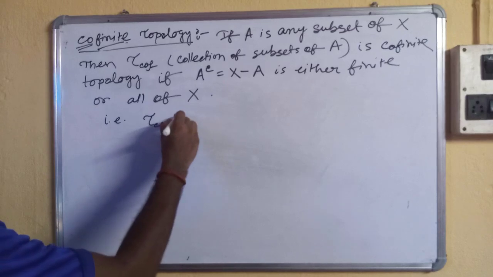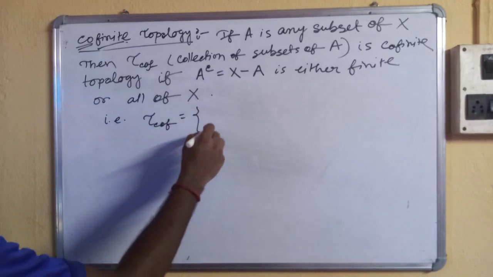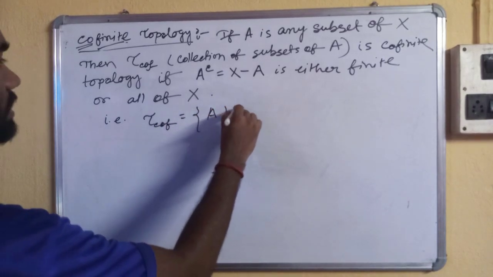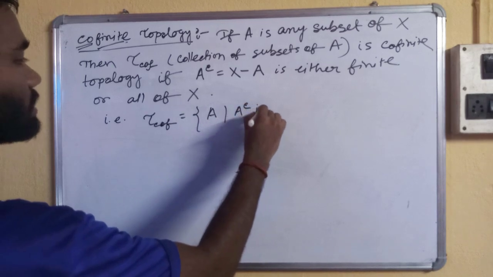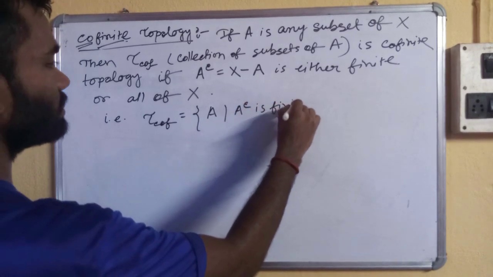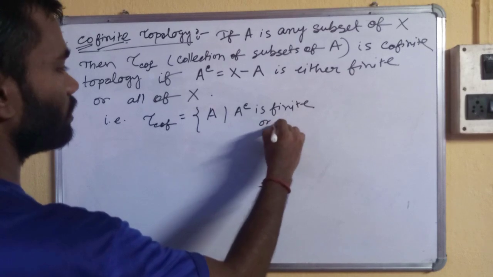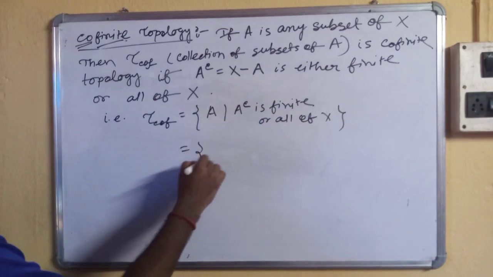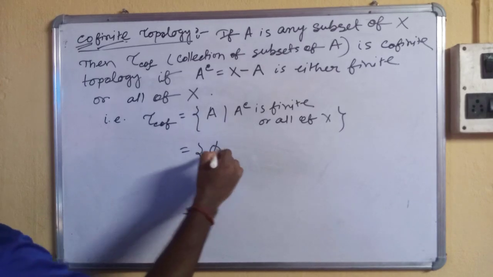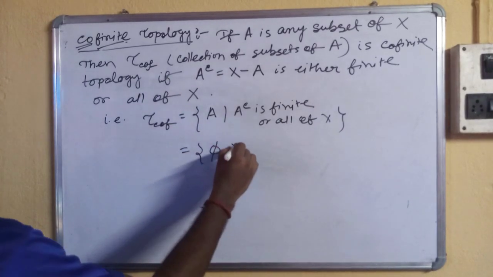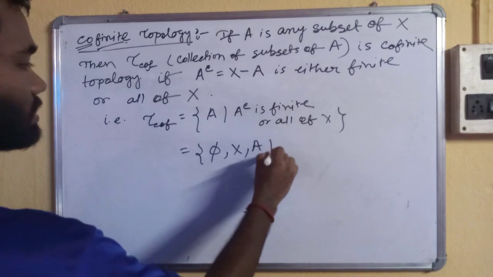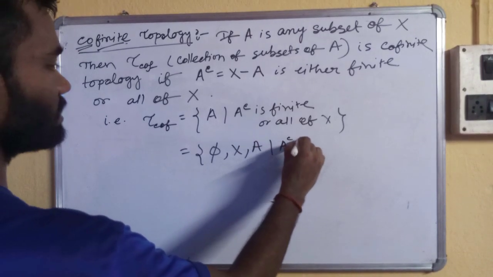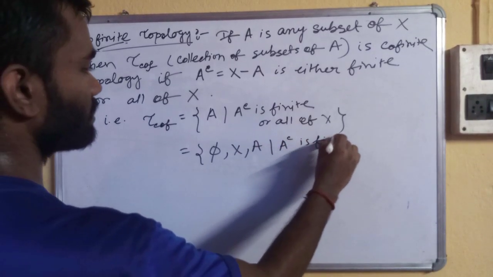So the complement of A is either finite or all of x, that is tau cof equals A such that A complement is finite or all of x. We can write it as phi, x, and A such that A complement is finite.